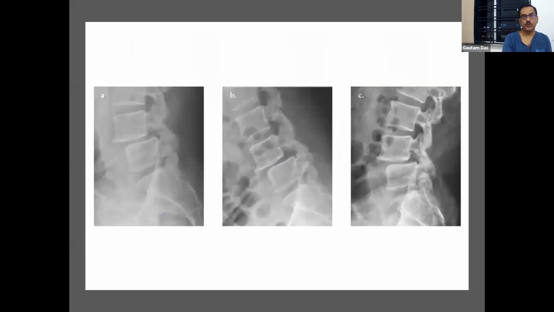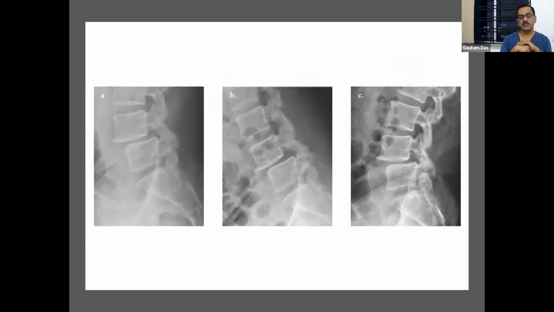Now, why is spondylolisthesis important to us, and when do spondylolisthesis patients need operation, assuming that all of you are pain physicians? This is one of the very important decisions to take: not all spondylolisthesis needs fixation plate and screw surgeries.